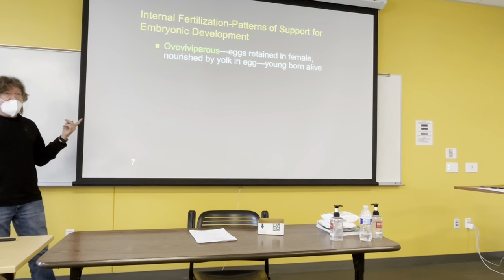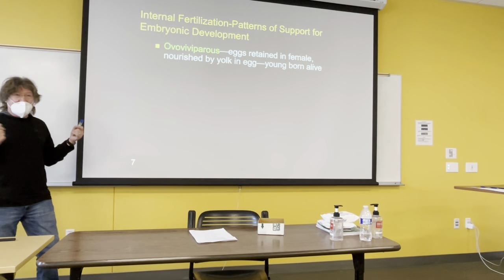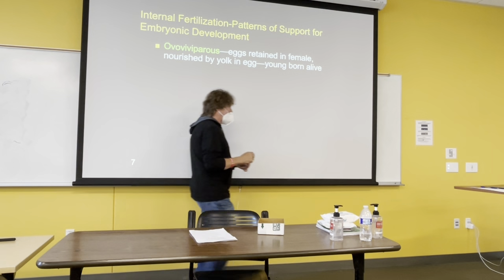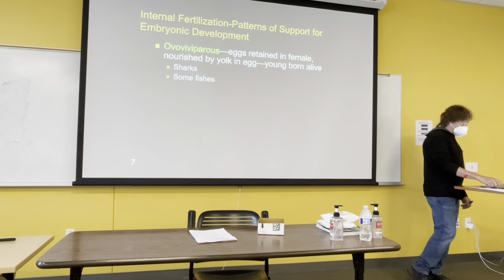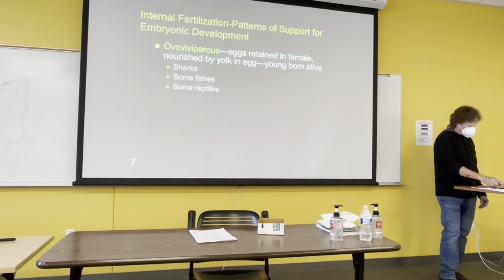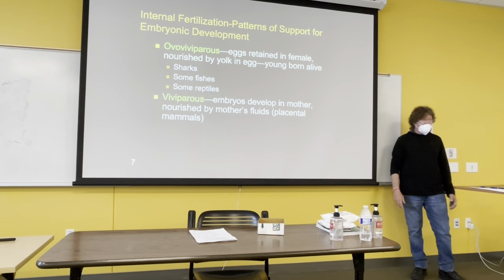The disadvantage is that they would be incapacitated. It would encumber the female carrying those eggs around and make her more likely to be prey for some animal. So it works a little bit both ways. It's a trade-off. Sharks, some fishes, and some reptiles happen to be ovoviviparous.